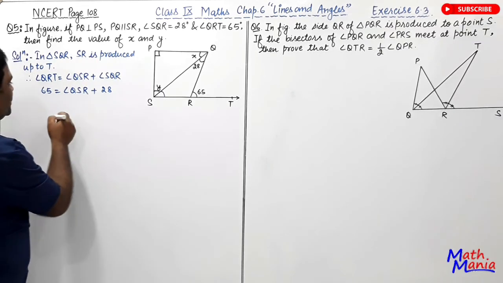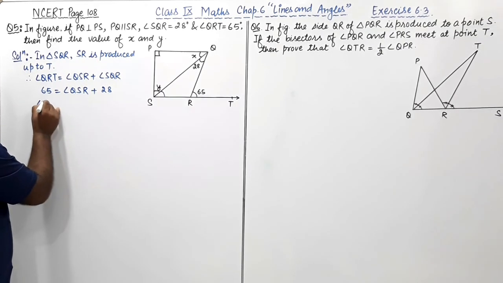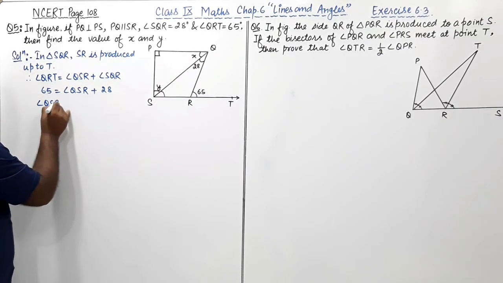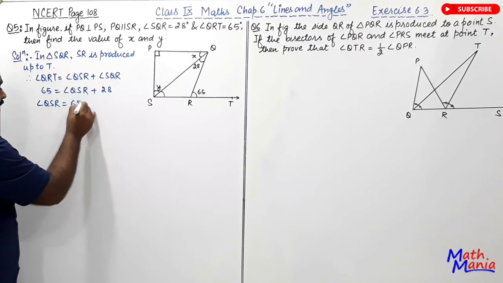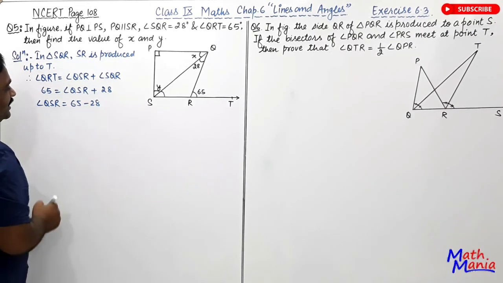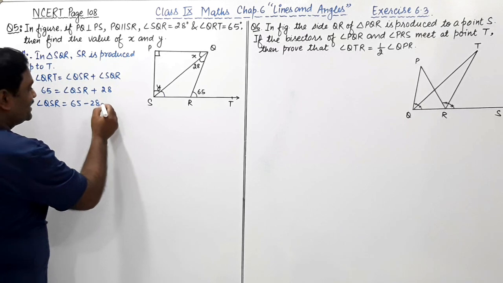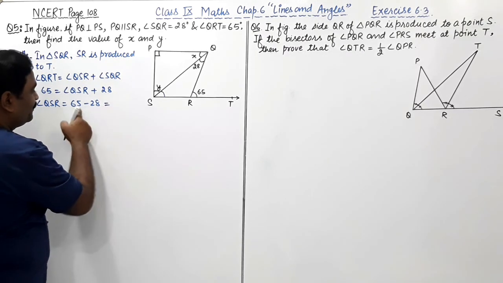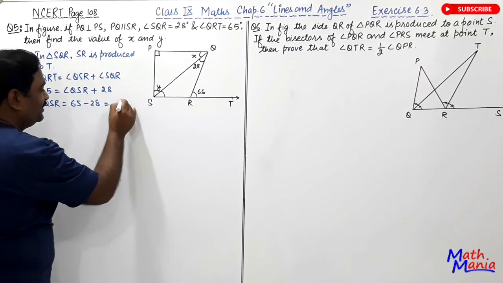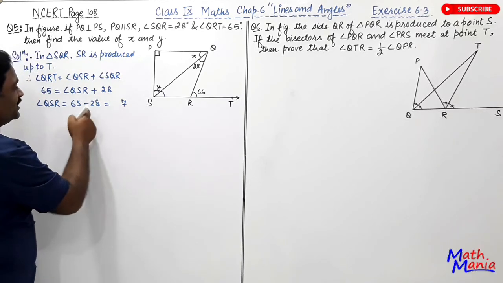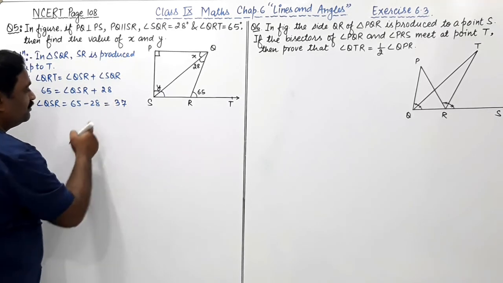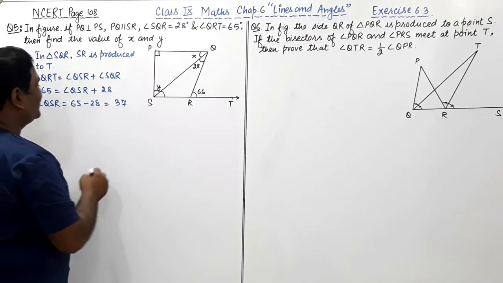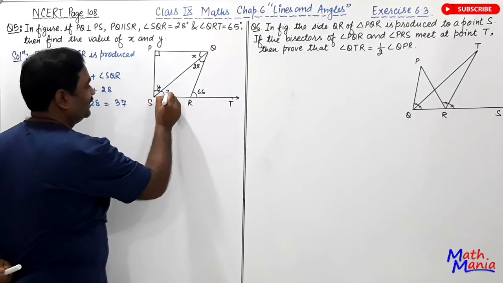So we can find the measure of angle QSR equals 65 minus 28. 15 minus 8 is 7 and 5 minus 2 is 3. So the measure of angle QSR is 37 degrees.